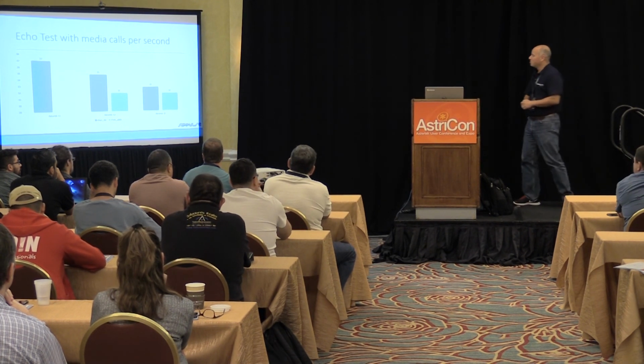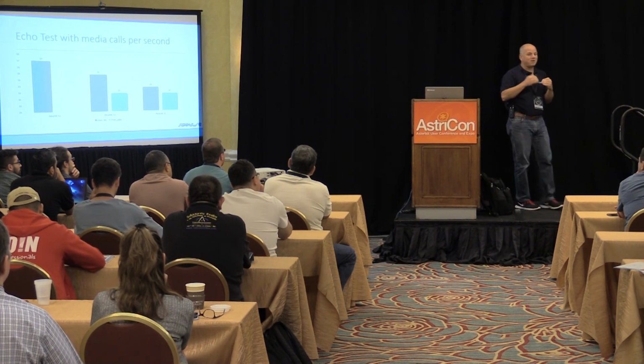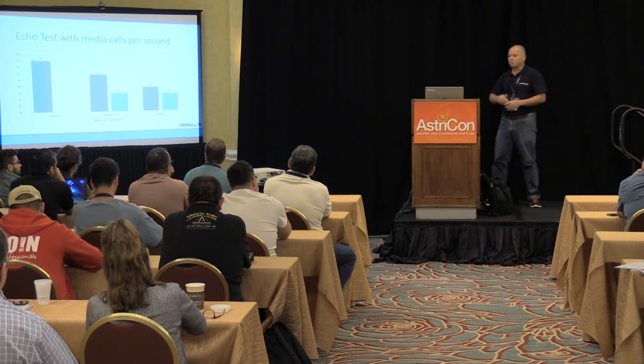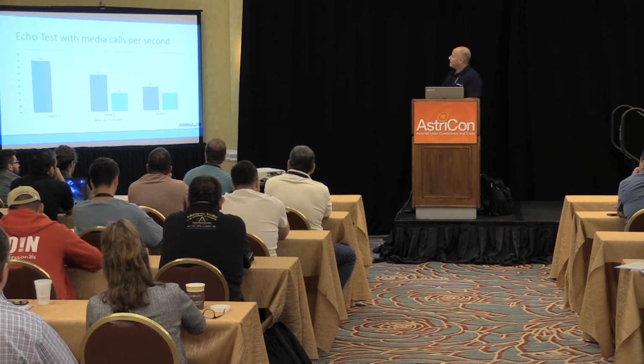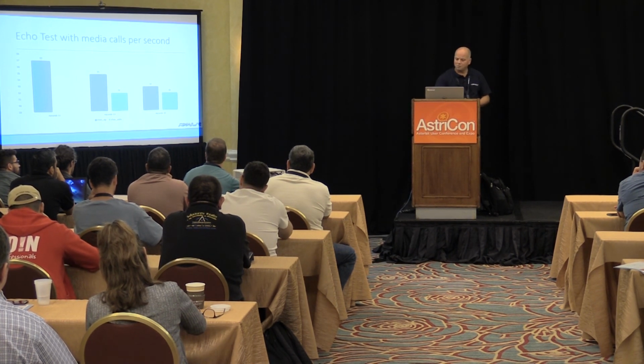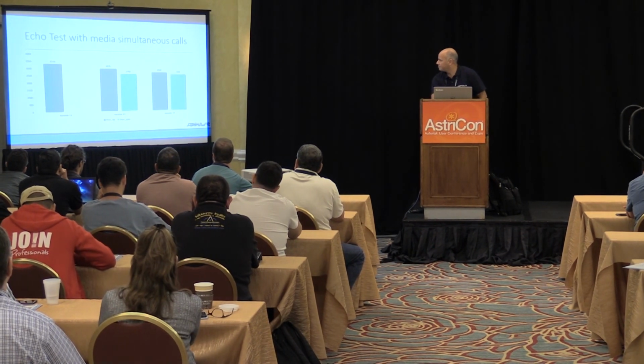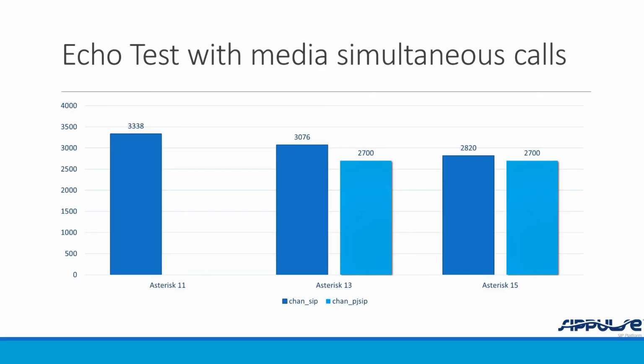Quite interesting, the results. The results are actually the opposite from when you don't use media. SIPP is very, very fast in terms of how it processes the signaling, but it consumes more CPU, so it gives less CPU to process calls. When you go to simultaneous calls, it gives a little more simultaneous calls for Asterisk 11 compared to Asterisk 13 and 15, right?